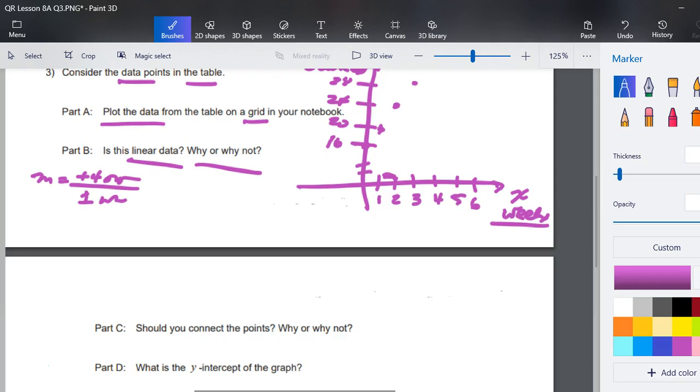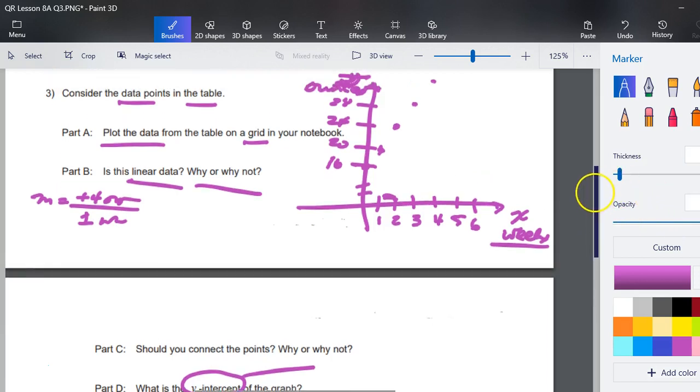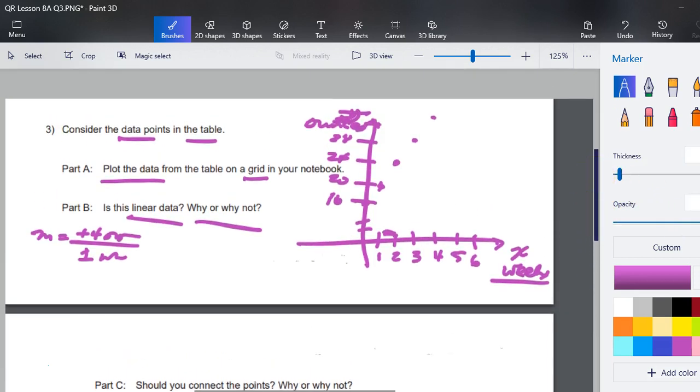Oh, I'm sorry, part D, what is the y-intercept of the graph? And you may have had algebra classes before, and you may glaze over when someone starts talking about y-intercepts and slopes. But this is a really, really cool opportunity to figure out, learn, grasp a y-intercept. And a y-intercept is where we're going to go through the y-axis.